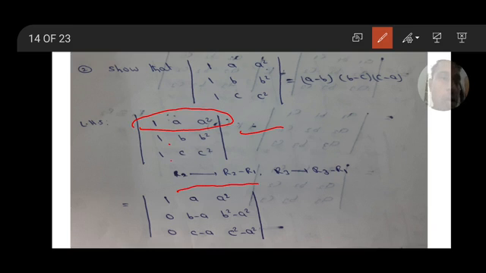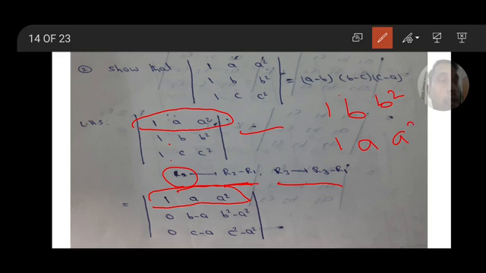R2 implies R2 minus R1, and R3 implies R3 minus R1. So the first row is the same, R1 doesn't change, 1 A square. Second row, R2 implies R2 minus R1. The second row is 1 B square, and the first row is 1 A square.